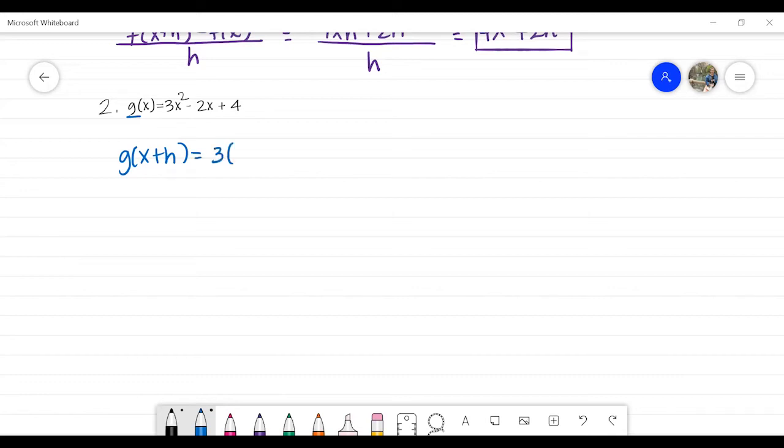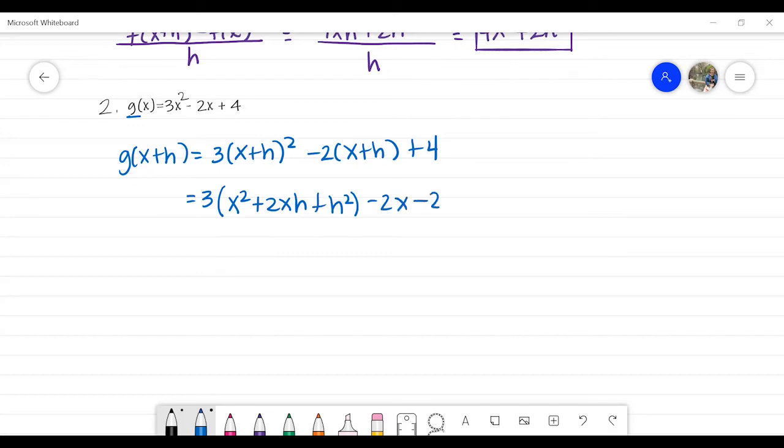So this is 3(x plus h) all squared minus 2(x plus h) plus 4. So that's 3x squared plus 2xh plus h squared minus 2x minus 2h plus 4.